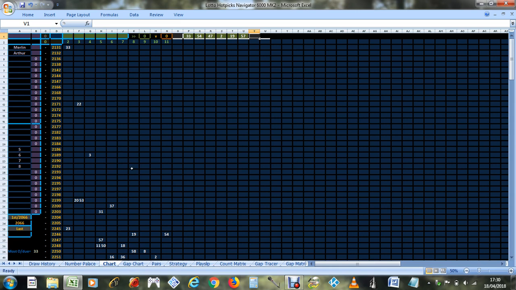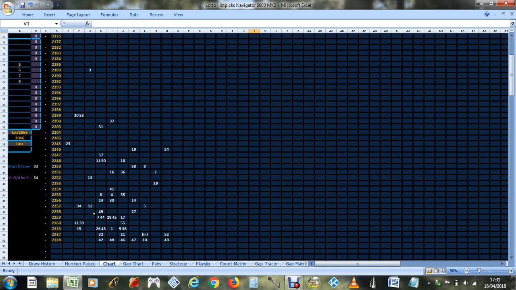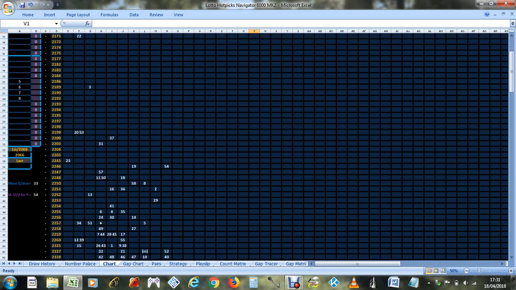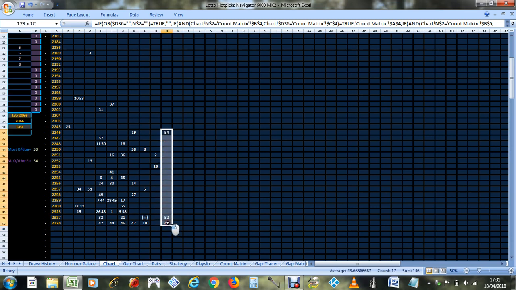Now, the laws of averages would predict that the likelihood of any number falling in any of these squares depends on how many numbers are in the column that they would have to drop from to end up in those squares.